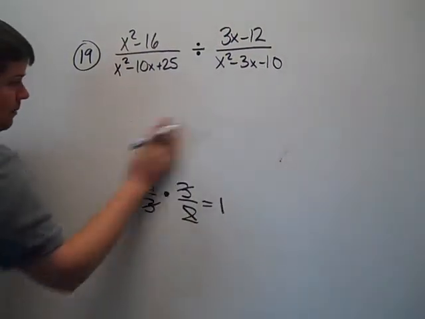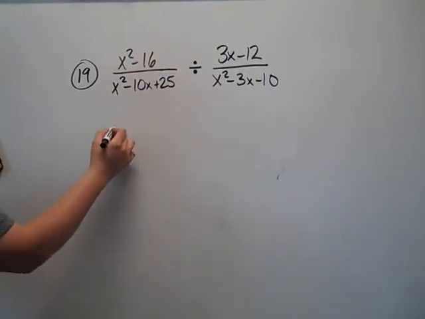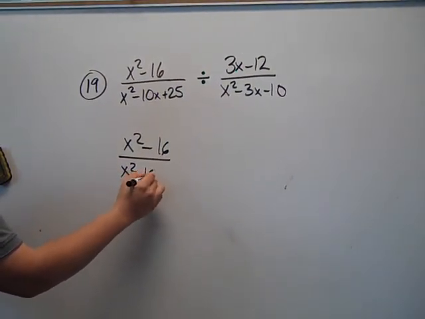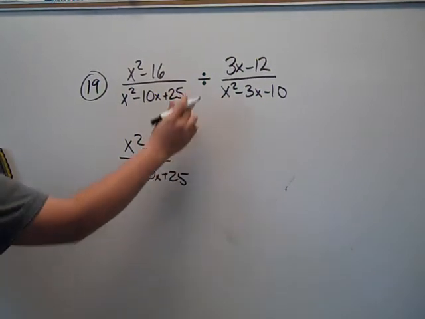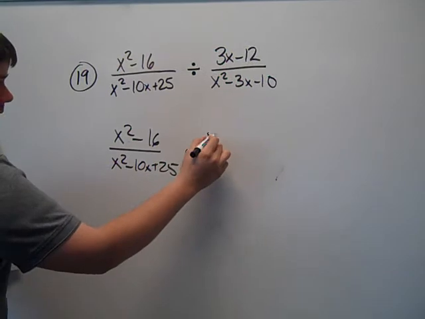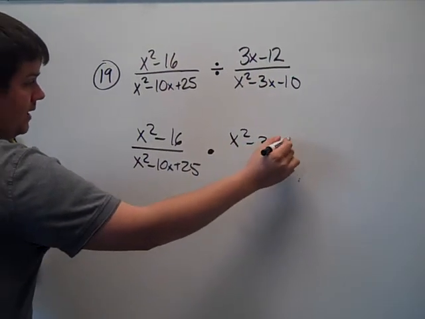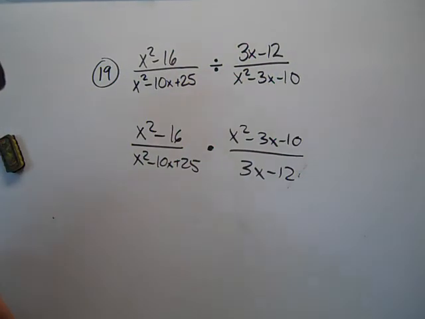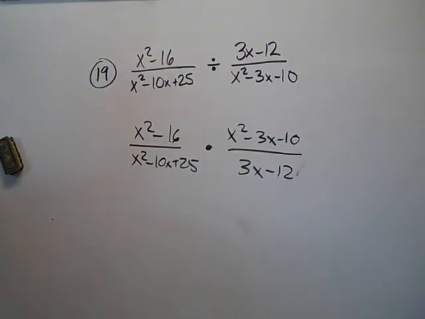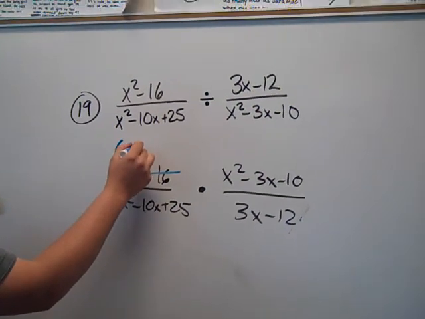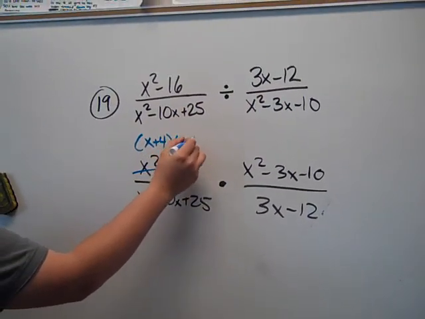We're going to do the same thing with this problem. So what I would do is I would write down the original expression, x squared minus 10x plus 25. I would change the division sign to a multiplication, and then I would flip this. So I have x squared minus 3x minus 10 all over 3x minus 12. Once I do this, I'm going to do the same thing as I did in the last problem. I know that x squared minus 16 is going to be x plus 4, x minus 4.